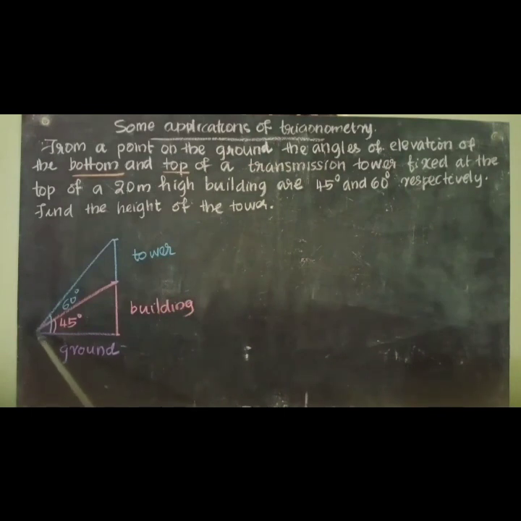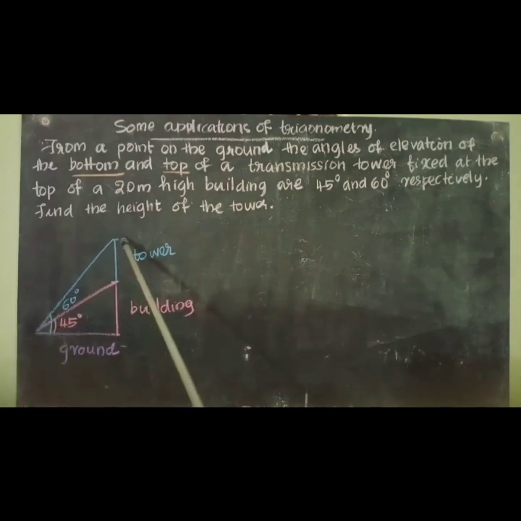Always you remember, you mark this complete angle as 60 degree. Don't limit it till this first line of sight. This one is first line of sight. This one is second line of sight. This is our horizontal line. You should draw the angle till the horizontal line.